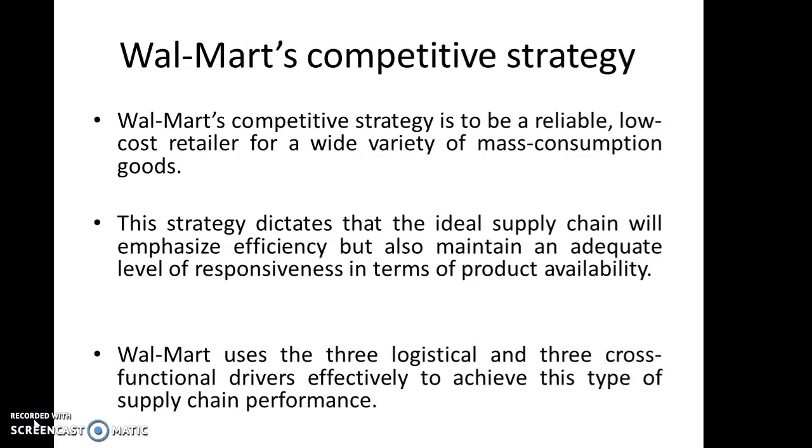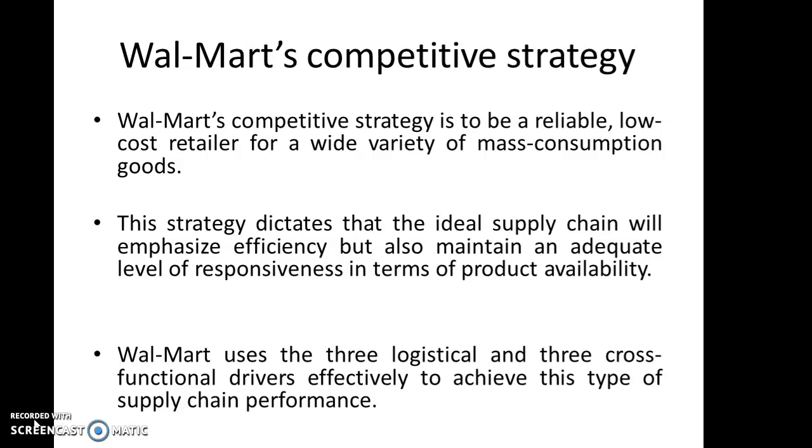Walmart's competitive strategy is to be a reliable and low-cost retailer for a wide variety of mass consumption goods. In business they call it FMCG, that is fast-moving consumer goods. The strategy dictates that the ideal supply chain will give importance to both efficiency and also responsiveness in terms of product availability.